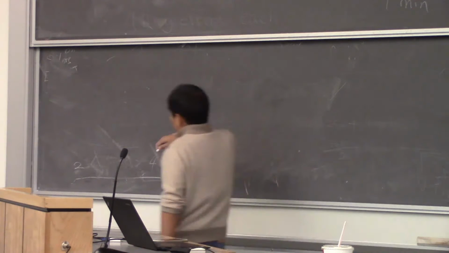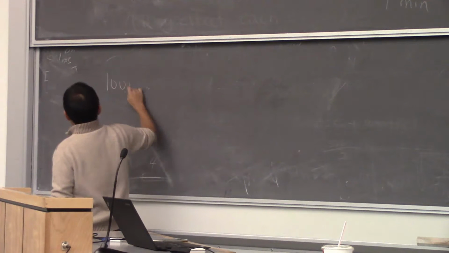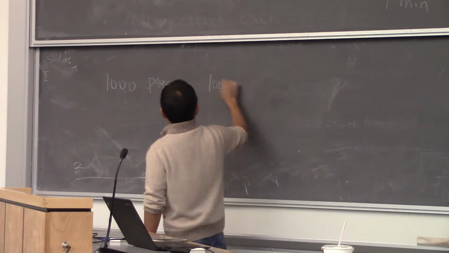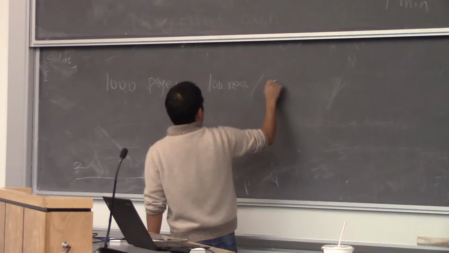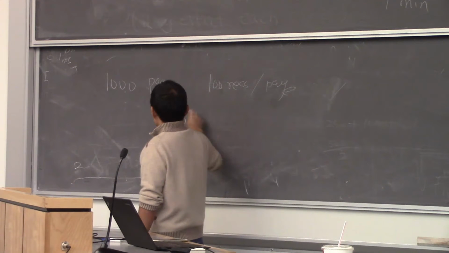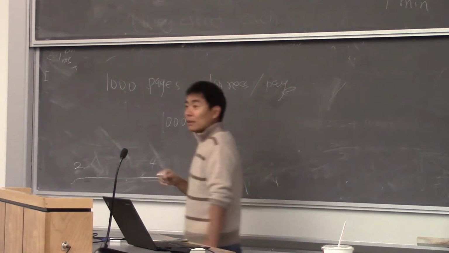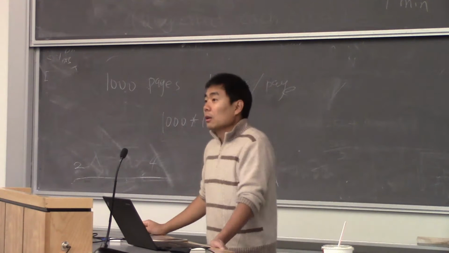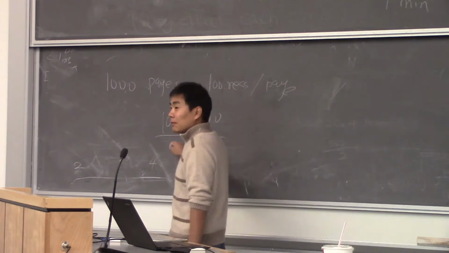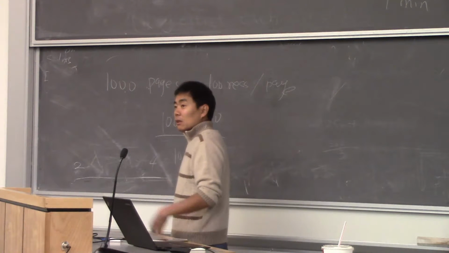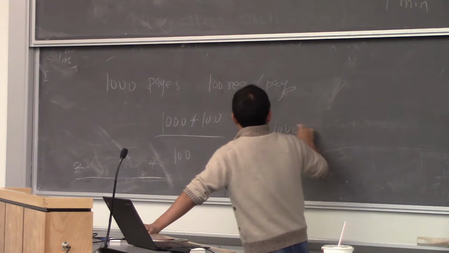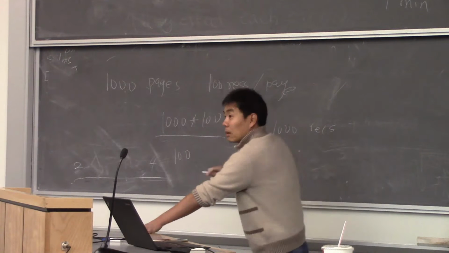Well, I believe for the reserve table I have 1,000 pages, and I have 100 records per page, right? I think that's what I said. In total, this gives you this many records. But since you are doing a selection on board ID with the selectivity of roughly 1/100, assuming uniform distribution, this gives you roughly 1,000 records.